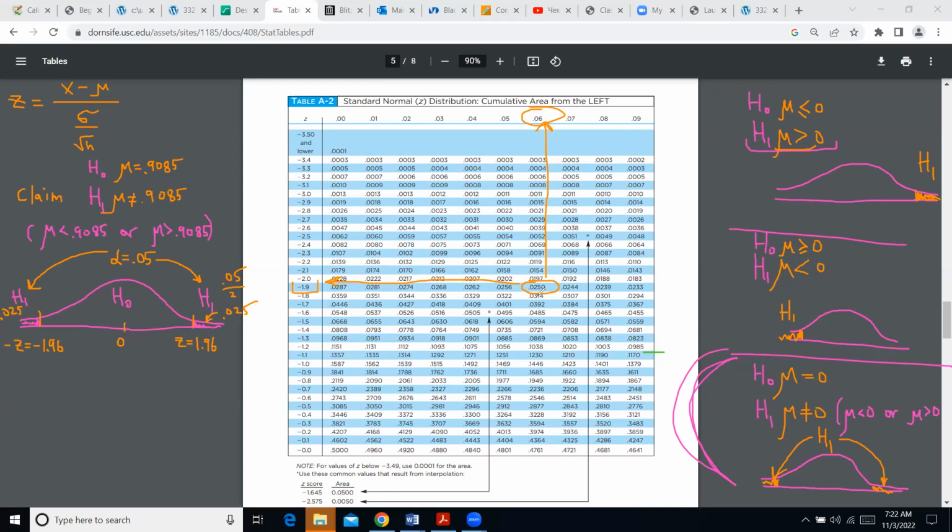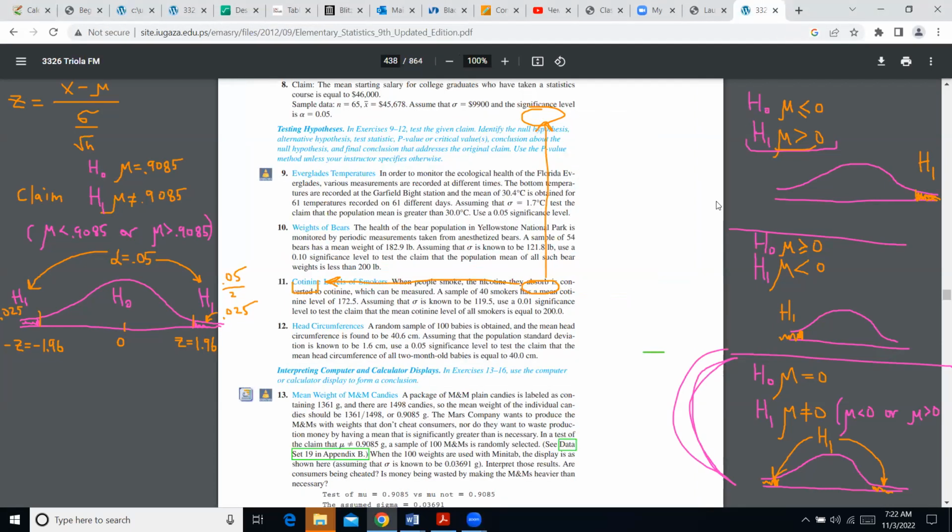So please notice that it's all preparation to do the test, because here in the textbook, they gave us some results of the study that I did not use yet. So we just utilize the claim of the company. And besides that claim, we also have that sample of 100 M&Ms was selected.